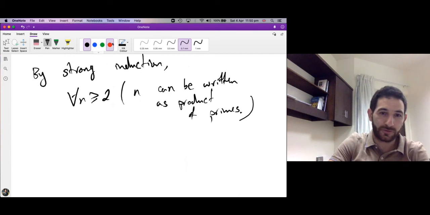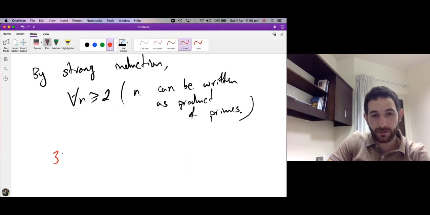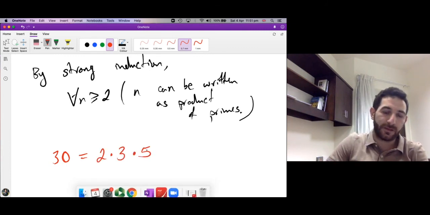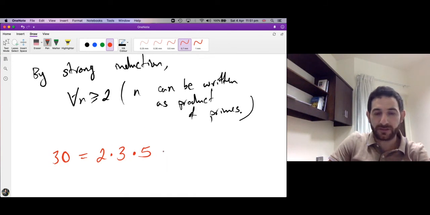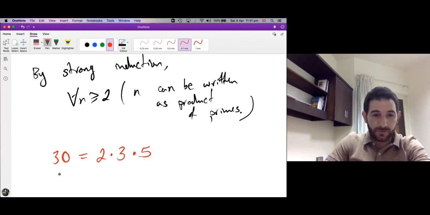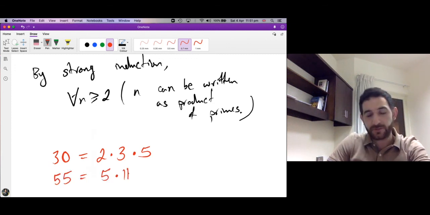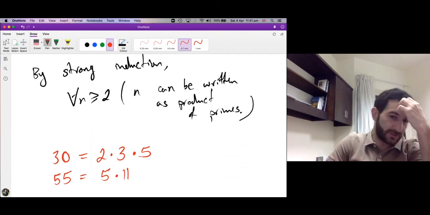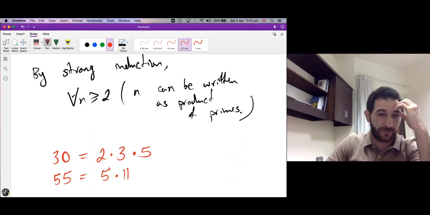Okay, maybe you want to see another example. Look at 30. How is 30 the product of primes? It's 2 times 3 times 5. Okay, and look, each one of these is a prime number. You want to see 55, for example, it's 5 times 11. And so no matter which integer you choose, you will write it as the product of primes.